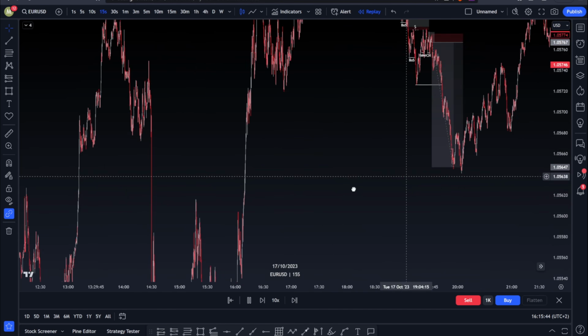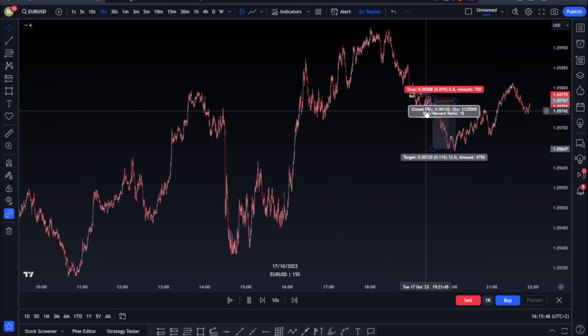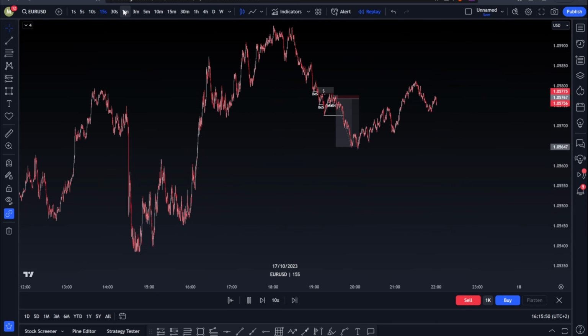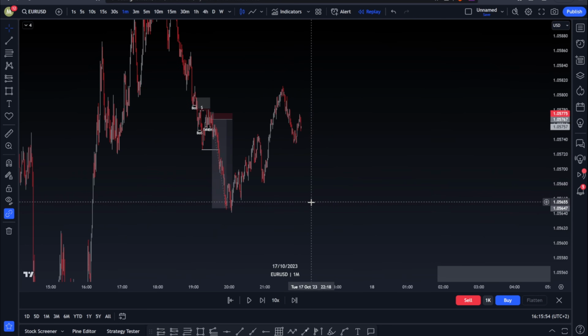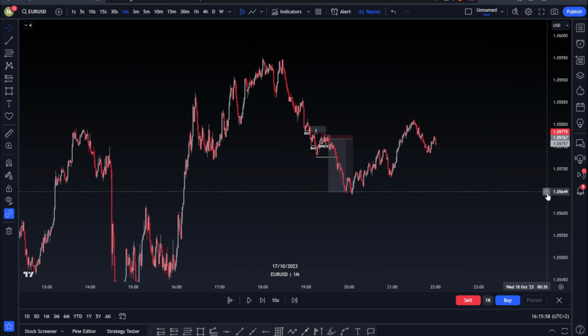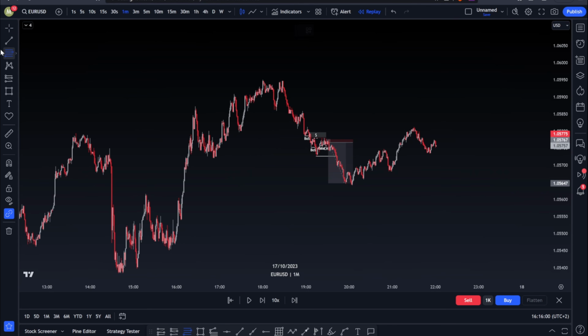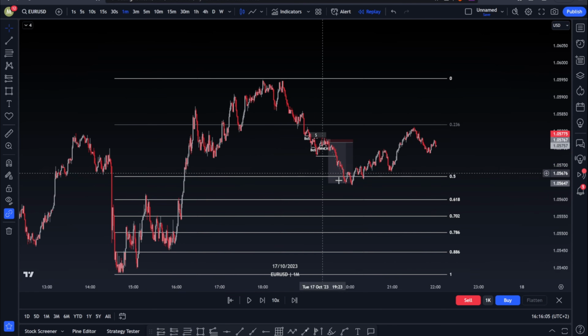You could of course target. Your first target will be after this break, a 0.5. Again, premium and discounted. So let's mark out from this impulse, from the downside over here to the upside, 0.5 over here.